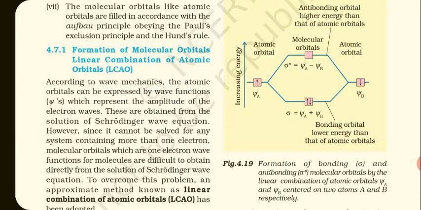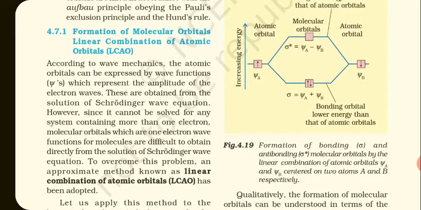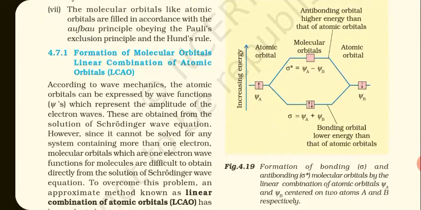Sigma star, equal to psi A minus psi B, is empty and is called the anti-bonding orbital, with higher energy than that of the atomic orbitals. This is figure 4.19, the formation of bonding sigma and anti-bonding sigma star molecular orbitals by the linear combination of atomic orbitals psi A and psi B centered on two atoms A and B respectively.